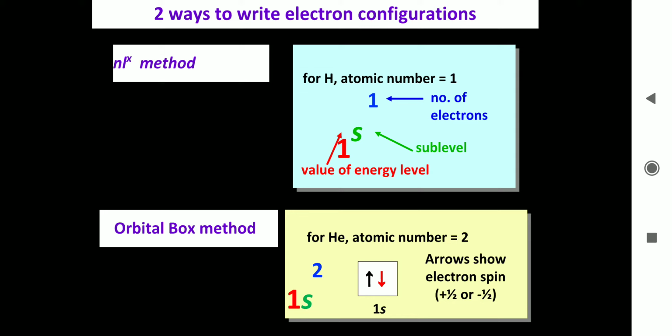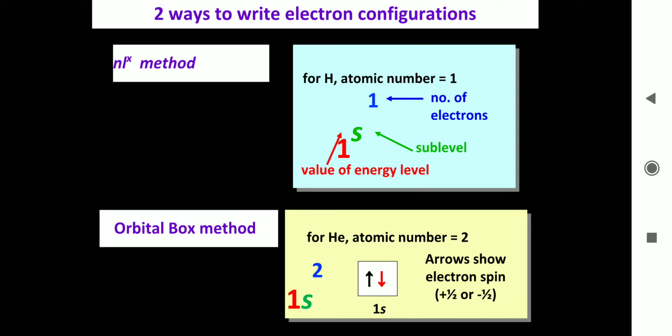Here we have two ways to write electron configuration. Those are the nlx method and the box method. In the nlx method, n represents the main energy level, l represents the sub level, and x represents the number of electrons in that sub energy level. Here it is explained with the electronic configuration of the hydrogen atom.